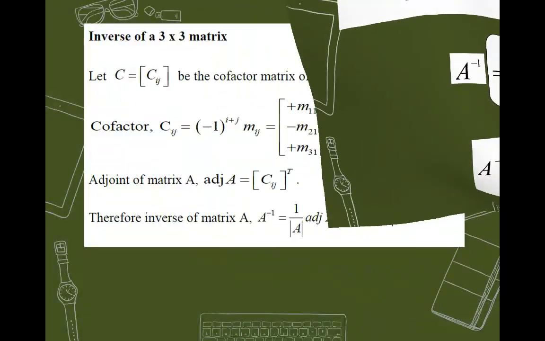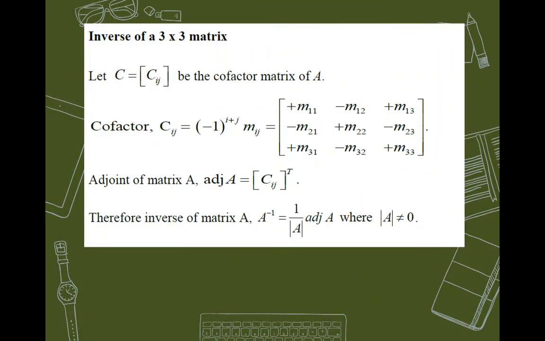Now let's look at a 3 times 3 matrix. How are we going to use adjoint for a 3 times 3 matrix? First of all, we need to find the cofactor of our matrix. For the cofactor, we find negative 1 to the power of i plus j and multiply with the minor, or we can straight away introduce the sign and find the minor.